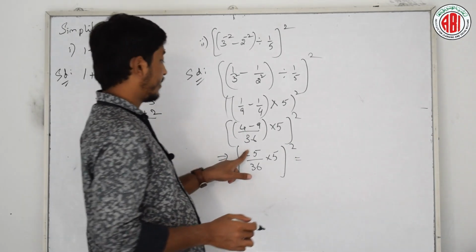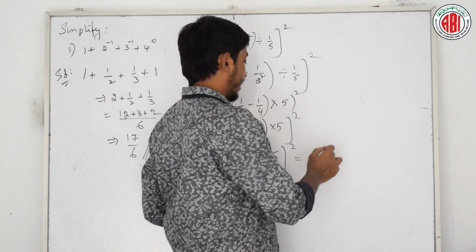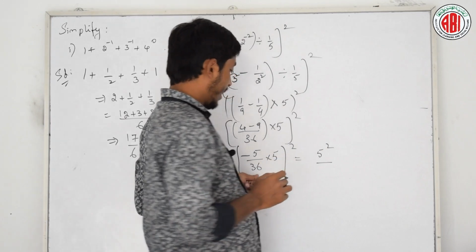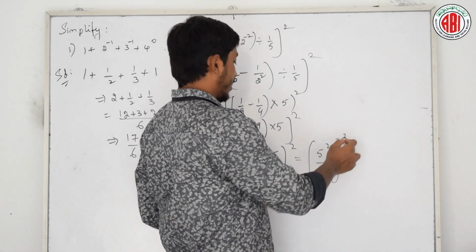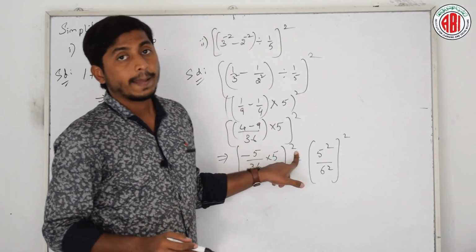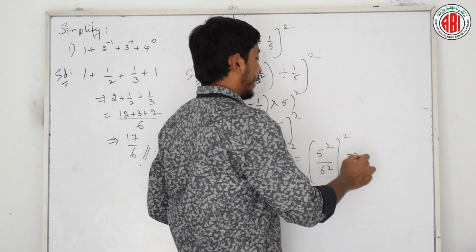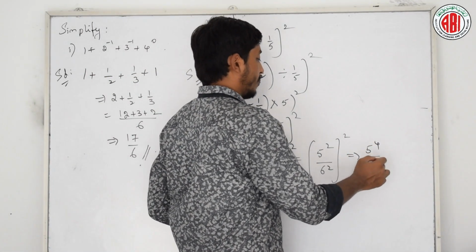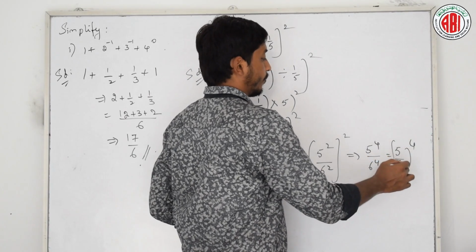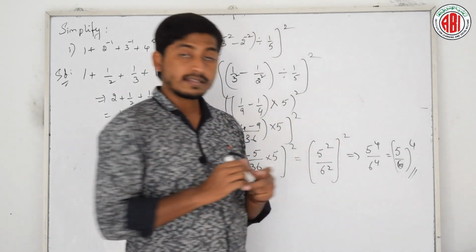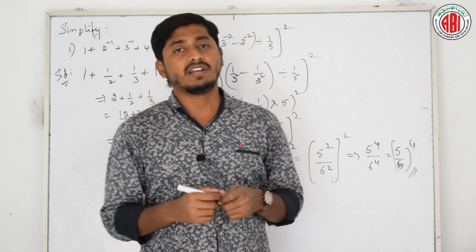What is this? 5 5s are, or we can write it as 5 square. Here I can write it as 6 square. However, minus square will be plus. Can I write it as 5 power 4 by 6 power 4 or simply 5 by 6 whole power 4? Can I write like this? Yes, right.